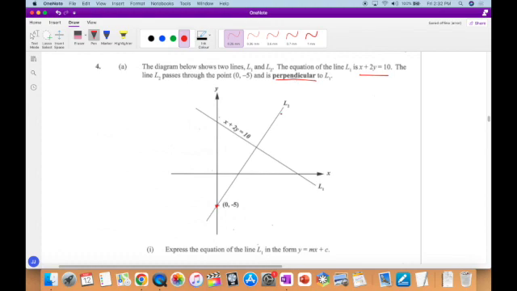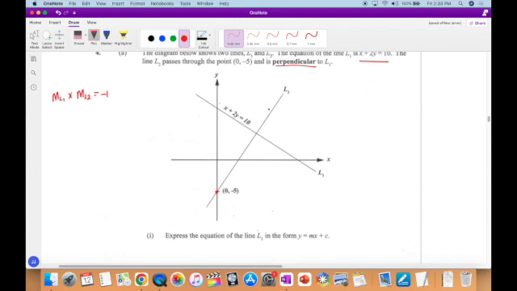And what does perpendicular mean? It means that if I take the gradient of L1 and multiply it by the gradient of L2, I should get minus 1. That is straight from your cheat sheet. That is what perpendicular means.